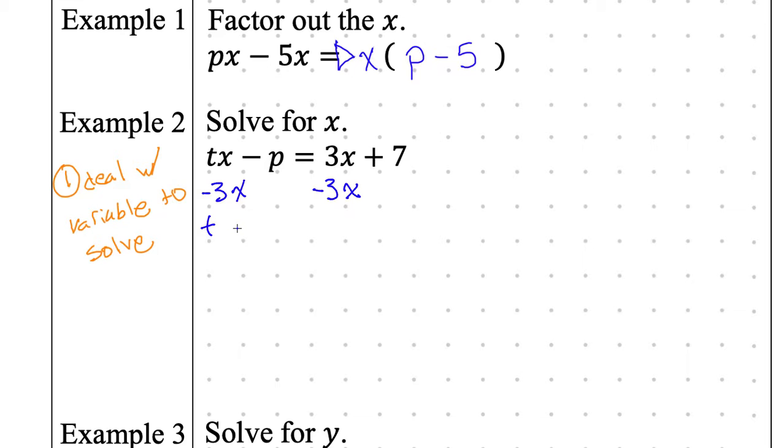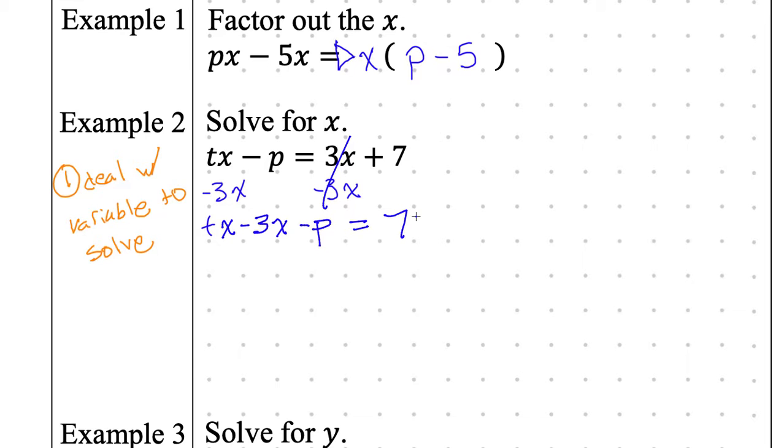You can't really take 3 from t, so it'd just be left there. I'll just write it out as we have it. So tx minus 3x, like you have it, and then we'll also get that minus p. Perfect. Thank you, Kira. Tx minus 3x minus p is now equal to, those guys cancel out, 7. That is a perfect first step.